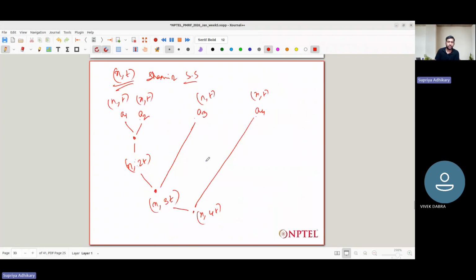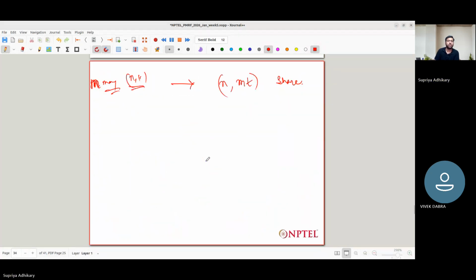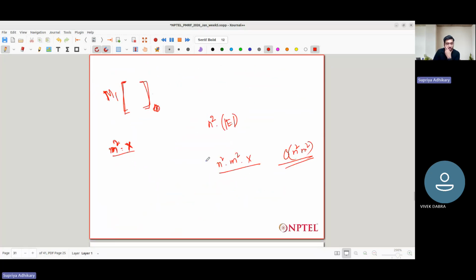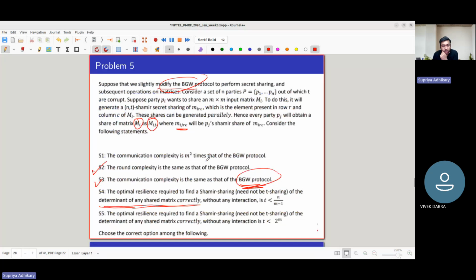So that means this MT has to be less than the resilience. What is the optimal resilience required for this semi-secret sharing?